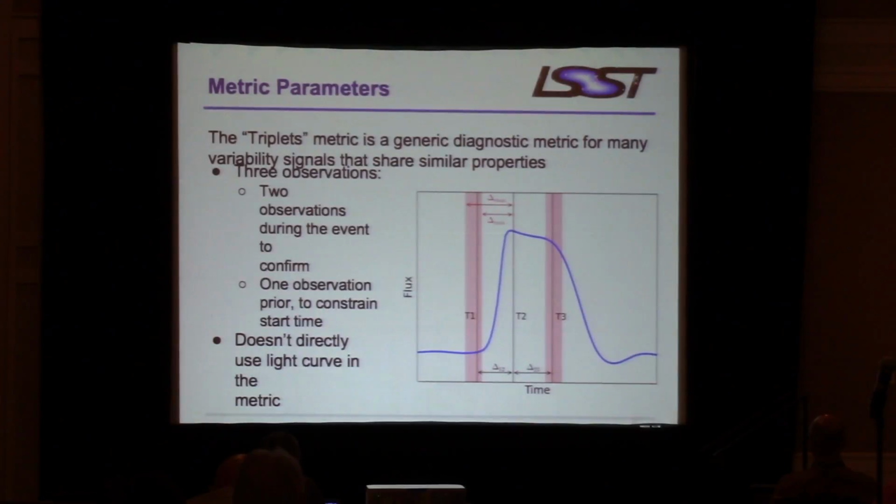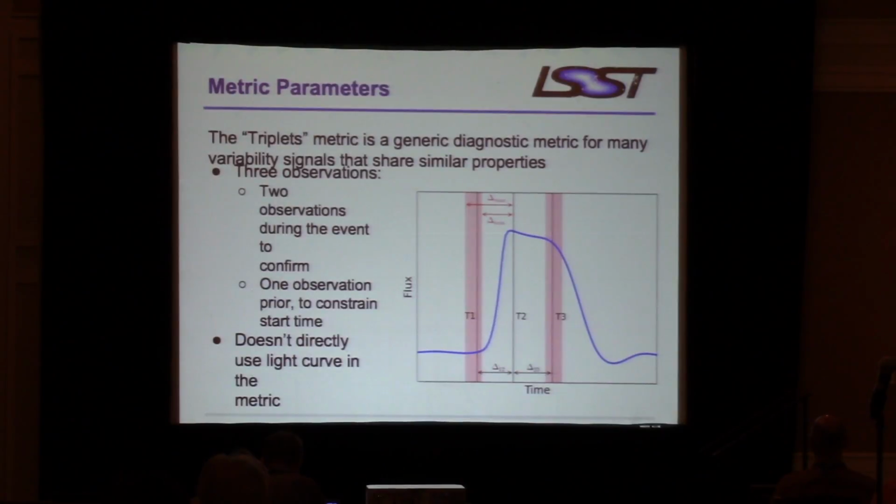To set up a metric that can actually handle this, which came out of the Phoenix meeting, the basic idea was that you would really need your first observation during the event, which is the middle vertical line.